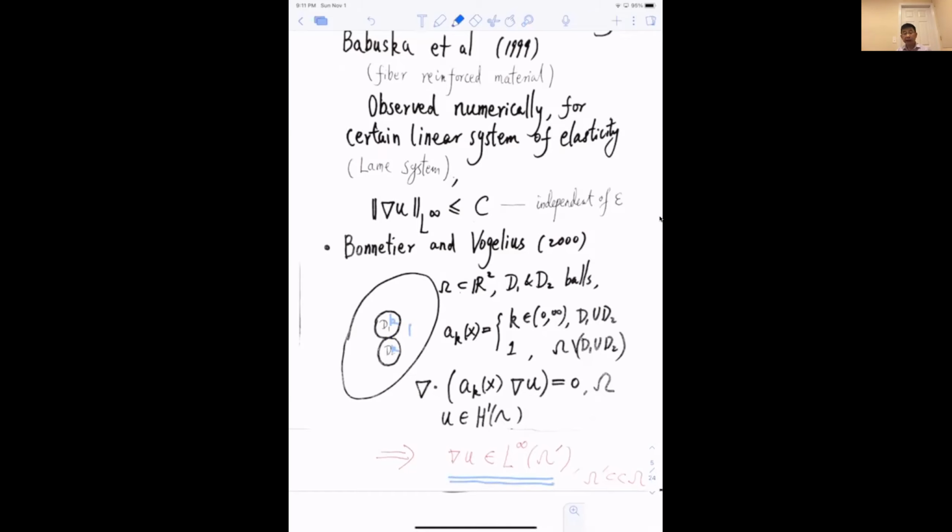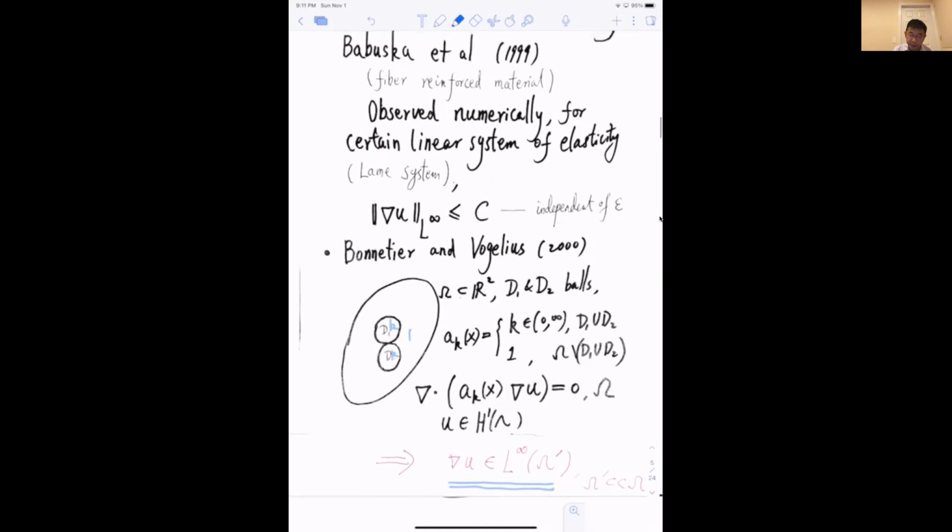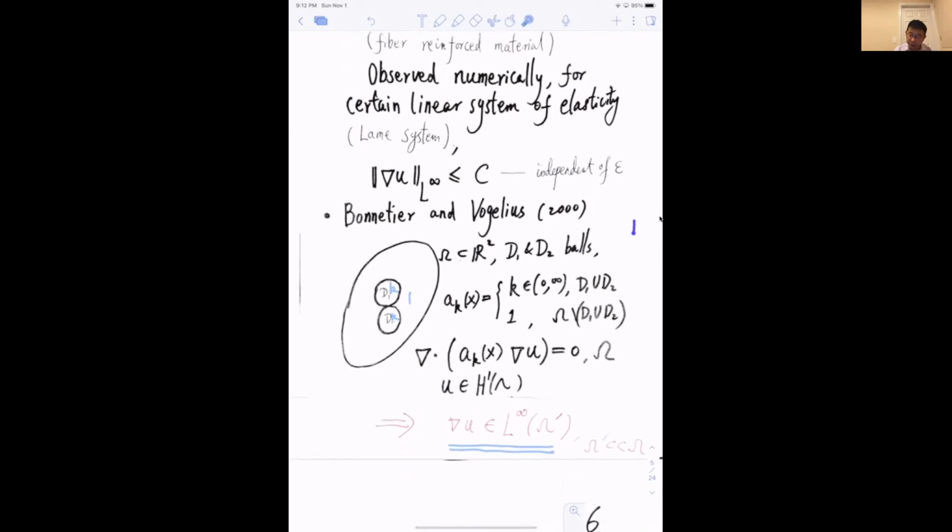Of course, if you prove this is epsilon independent, then by taking the limit, you will have this. The method here is a complex variable method because this is the two-dimensional case.